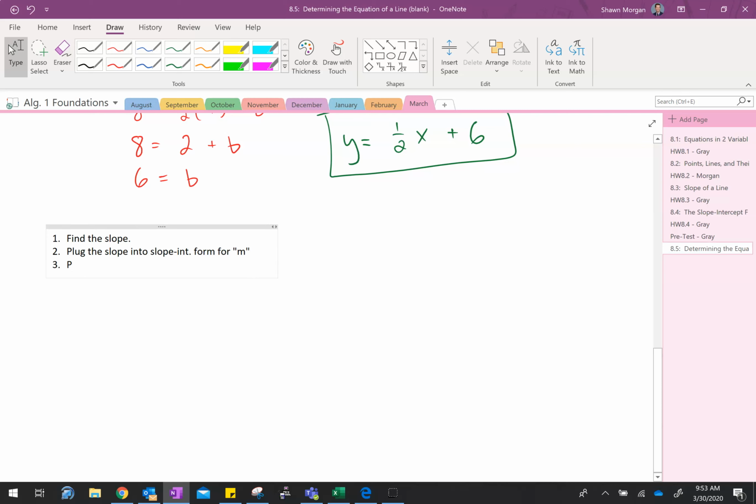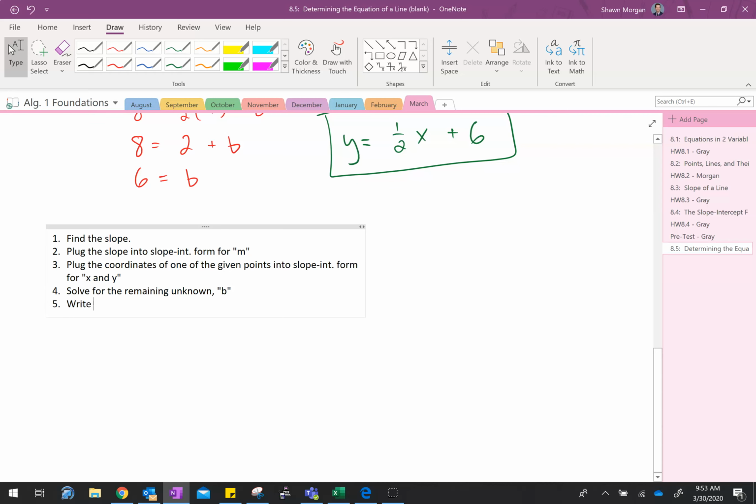And then we want to plug the coordinates of one of the given points into slope-intercept form for x and y. And then the last step was to solve for the remaining unknown, which is the b value.